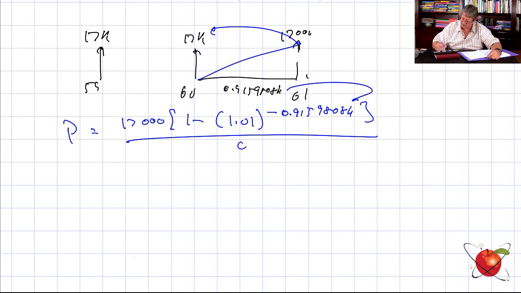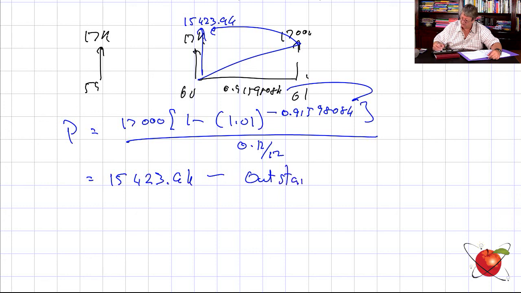The little bit outstanding, over 0.12 over 12. And I get that P is equal to, when I bring it back, 15,423.94. This is my outstanding balance.